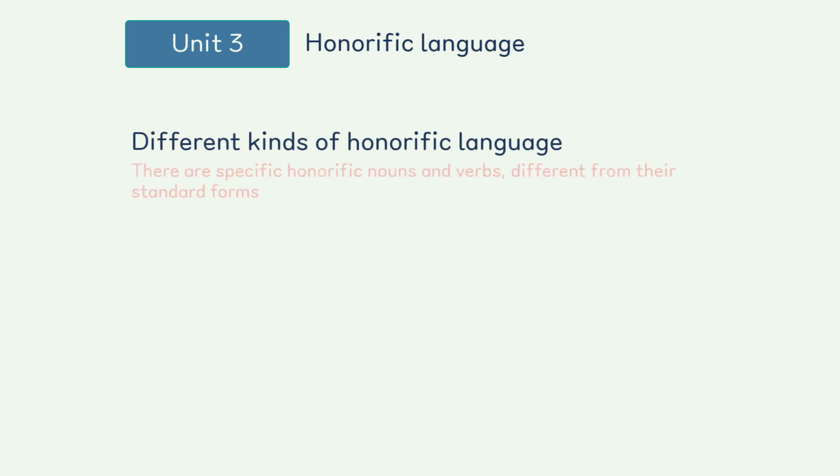Unit 3 is on honorific language, and in this unit we'll learn more about different kinds of honorific language. Now there are specific honorific nouns and verbs which are different from their standard forms. So we'll take a look at these in detail, and there will also be a handout with a comprehensive list of honorific nouns and verbs, which you can review in your own time.